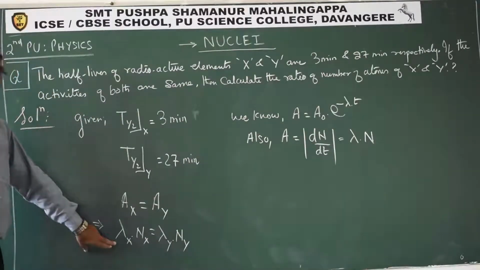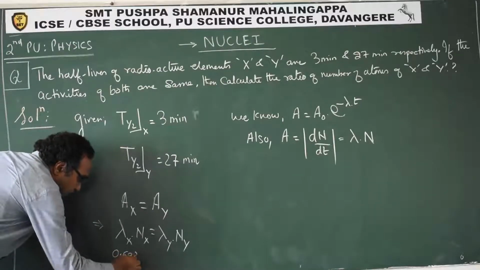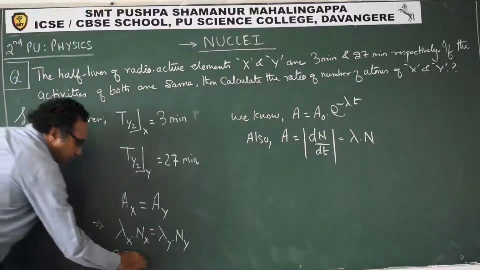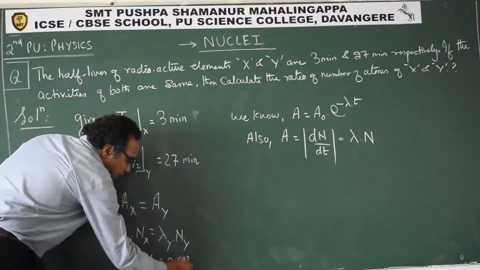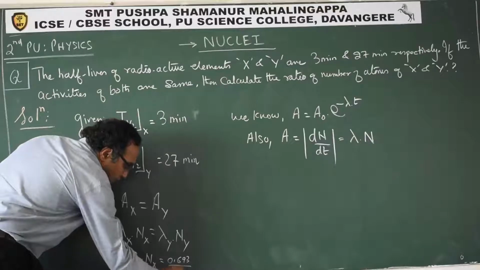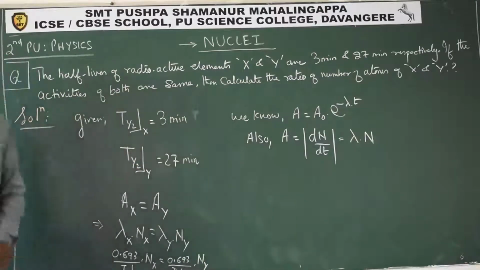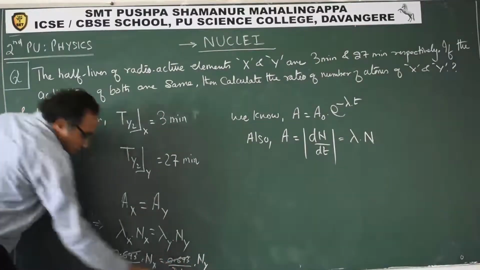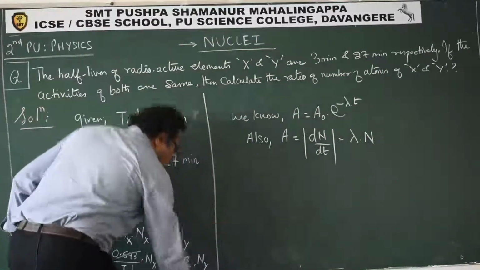Now what is lambda x? It is nothing but 0.693 upon t half of x into nx is equal to 0.693 upon t half of y into n of y. So from these two, what we can say is 0.693 cancels out. So what we have now?